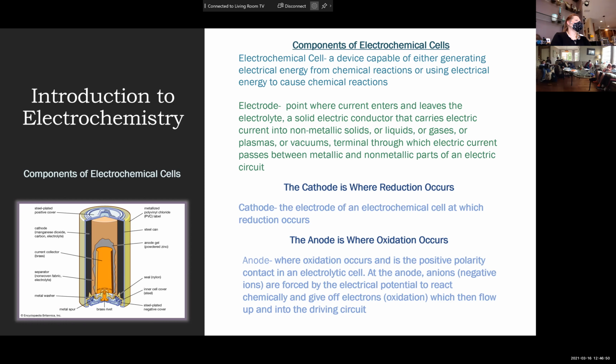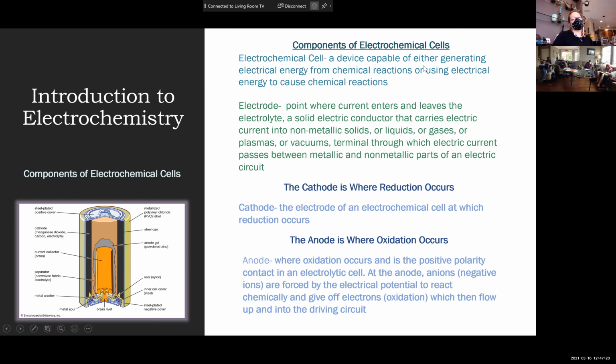Electrons, which makes it more positive. And then reduction is gain. And then what was LEO GER? Loss of electrons is oxidation. Gain electrons is reduction. So those were the helpful things to remember oxidation and reduction.